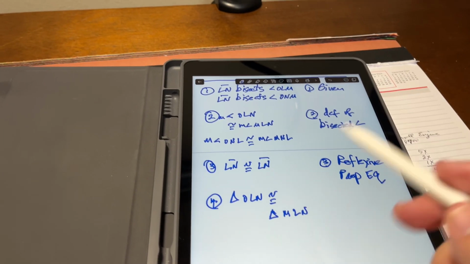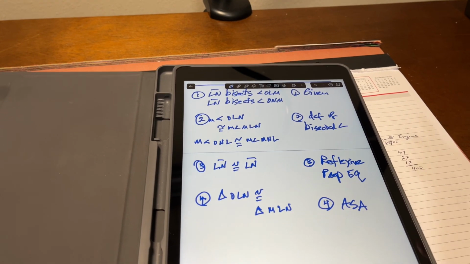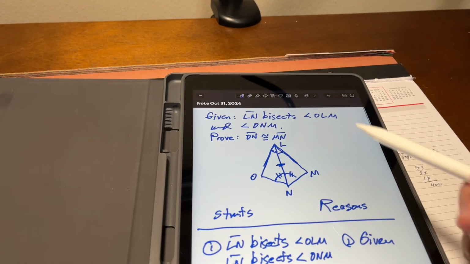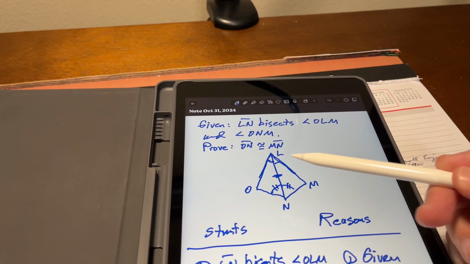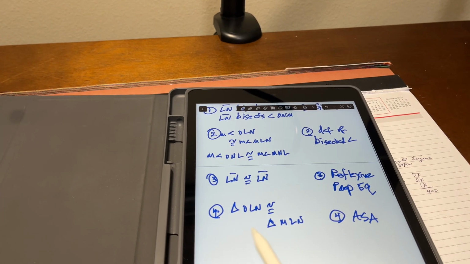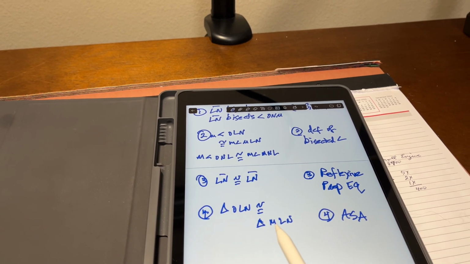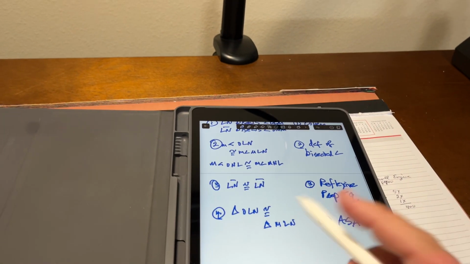That those are congruent, and that is by the angle side angle theorem. So notice I did OLN, so I'm going to do MLN. That way the corresponding parts match up. So angle O to angle M, angle L to angle L, and angle N to angle N. And that's by angle side angle.